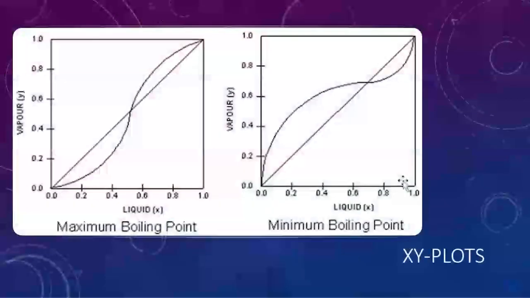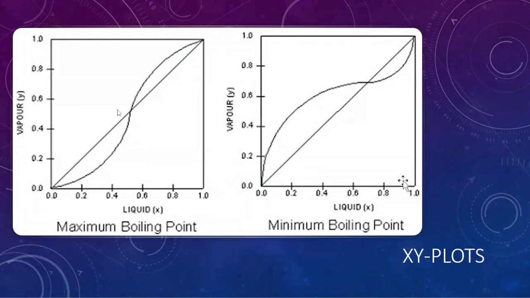Now when we do distillation, we have methods where we have to show the vapor and liquid compositions. When we have a maximum boiling point azeotrope, this is the point where the azeotrope is forming. Here separation is possible, and when we reach this point the separation will stop. So our main target should be to cross this point, and then we can achieve further separation.